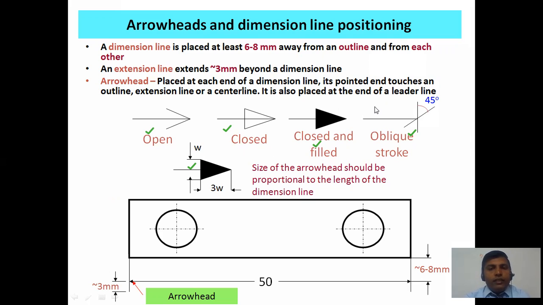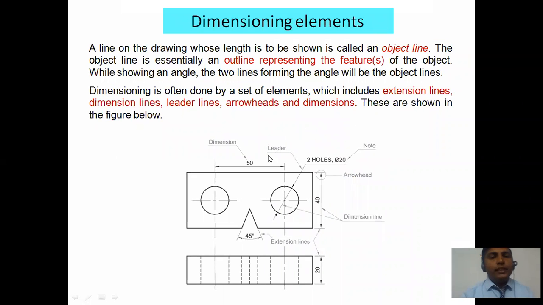Okay. Next, if we go ahead, the dimension elements. So as you've seen, this is the particular dimension. If I ask you to give the dimension using whatever we've seen in the diagram, you can see the types of lines and the way of dimensioning, how to show the angles, how to show the dimension.